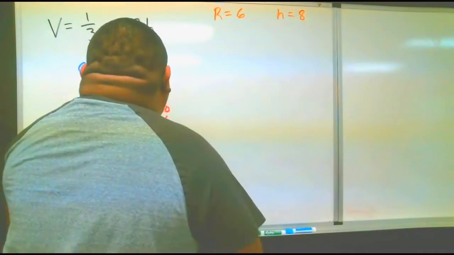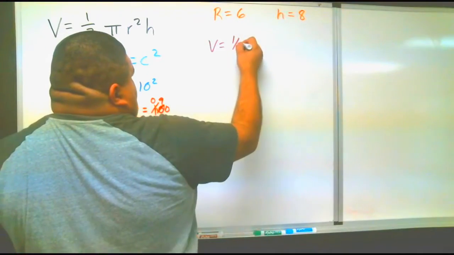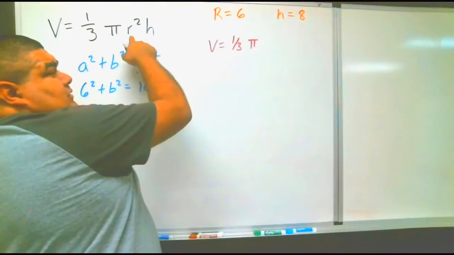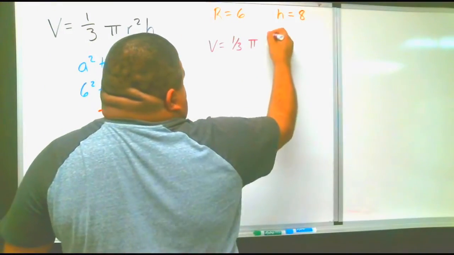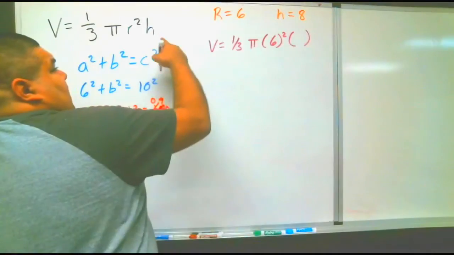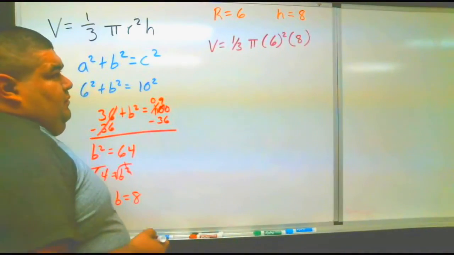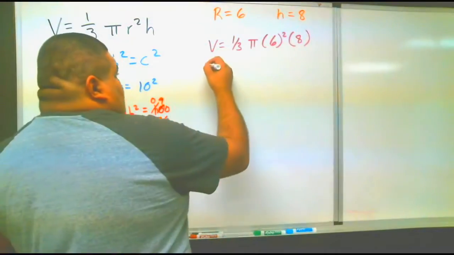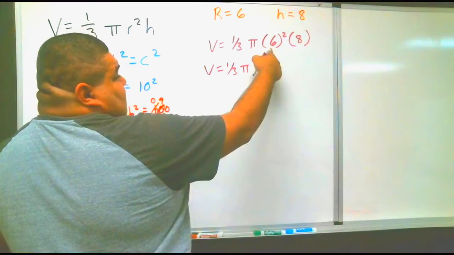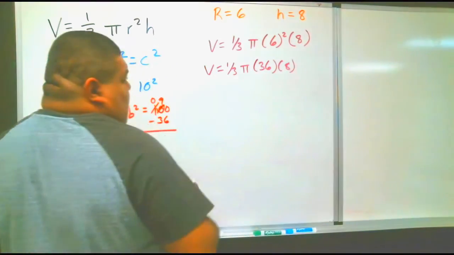So we can say volume, or V, equals 1/3 pi r squared times height, where instead of r we put 6 squared, times the height, which is 8. So volume equals 1/3 pi, 6 times 6, which is 36, times 8.